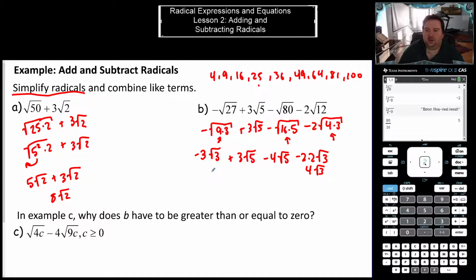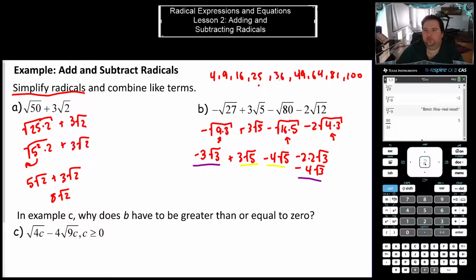And we're going to combine like terms. So where are our like terms? We have the root 3 and the root 3, and we have the root 5 and the root 5.